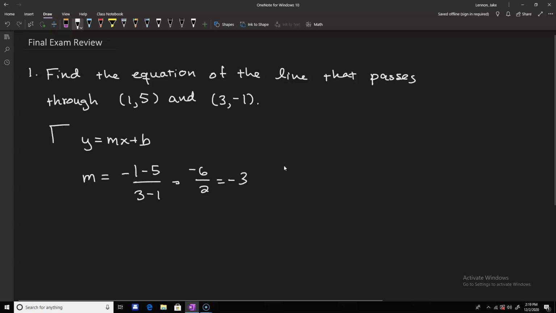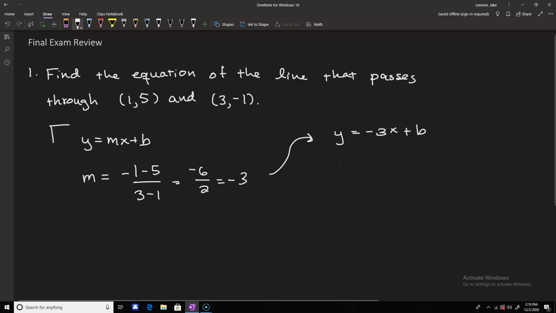So now we know that our line actually has to look like y equals -3x plus the y-intercept. What we want to do is plug in either of those 2 points and solve for b, and then we'll have found the remaining parameter.